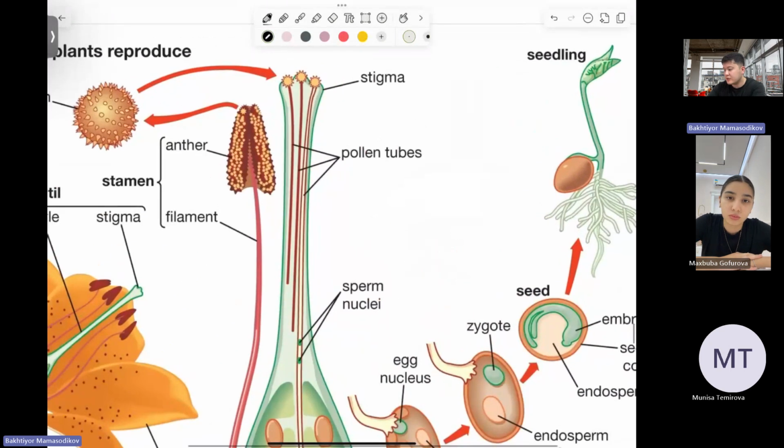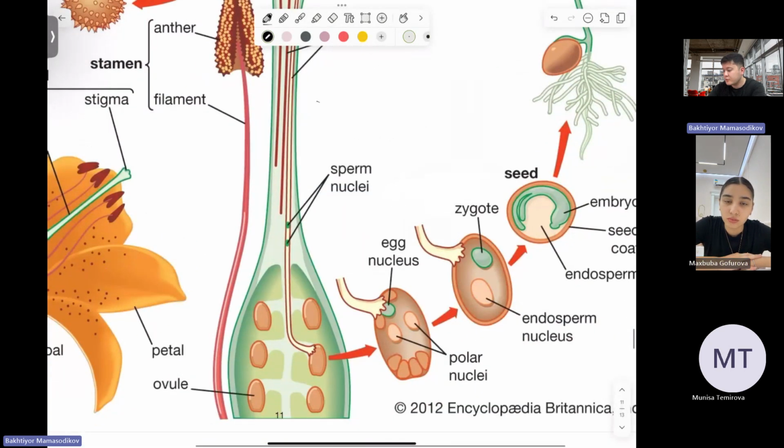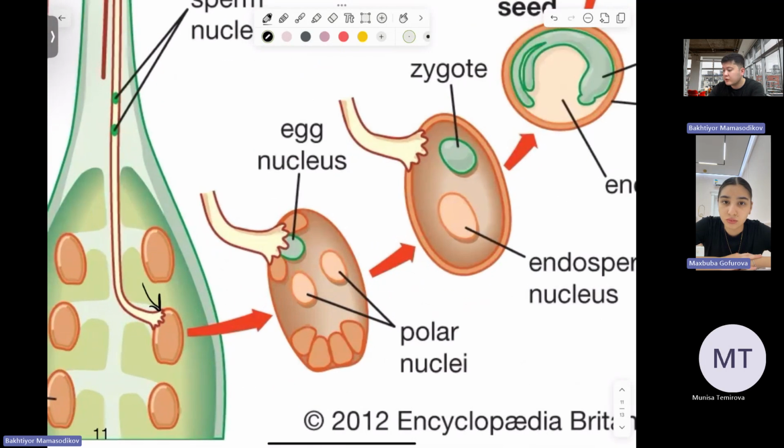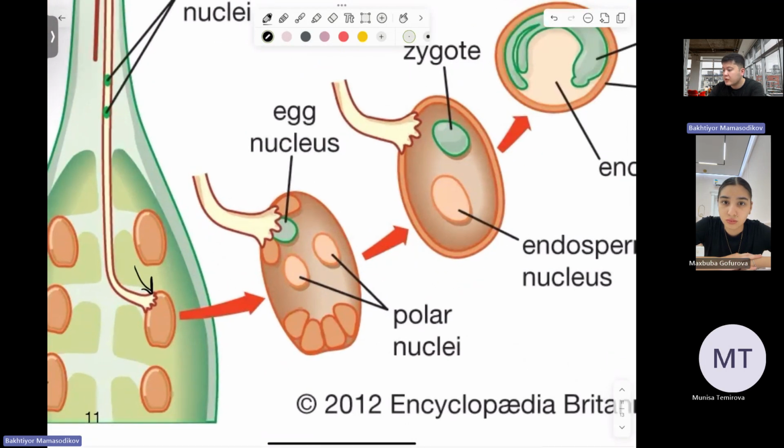So imagine these are the pollen tubes and the two sperm cells are coming to the ovule. Inside of the ovule, there is an egg nucleus, and they also have the polar nuclei.